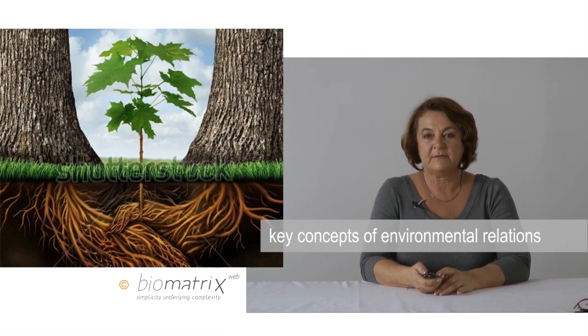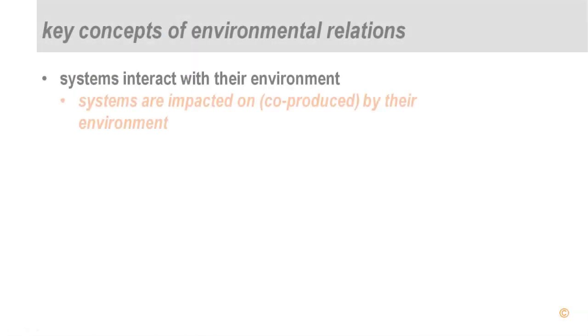Systems interact with their environment. As I mentioned, systems are impacted on by their environment, or as we previously said, co-produced by their environment. Like a change in market forces changes the system, and the system needs to understand its environment in order to be able to make the appropriate responses.